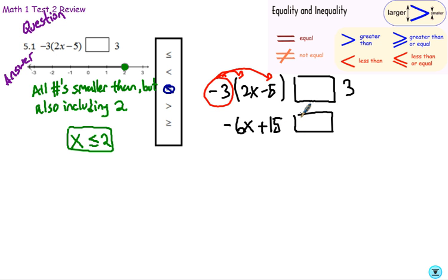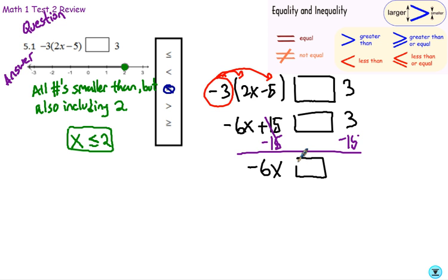This box is what's separating the two sides. Combine like terms, can't combine. All my x's are together on the same side. So let's move that number over. The opposite of a plus 15 is a minus 15. So I end up with -6x and then a -12.